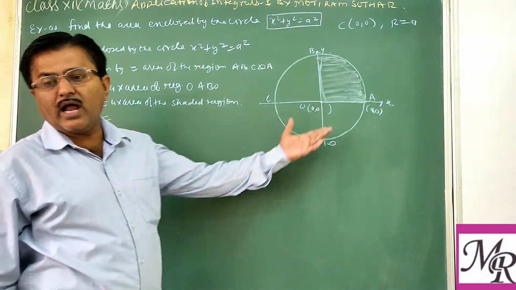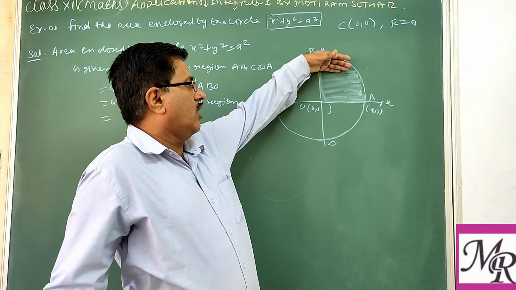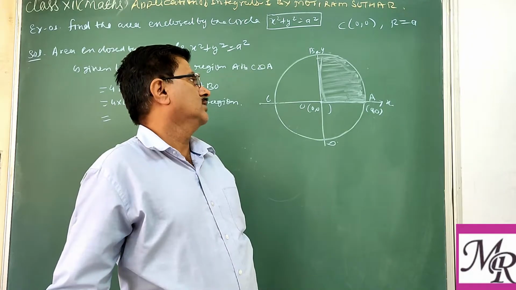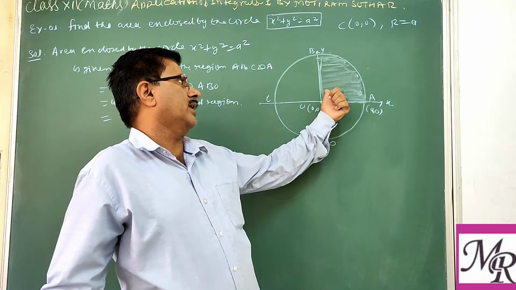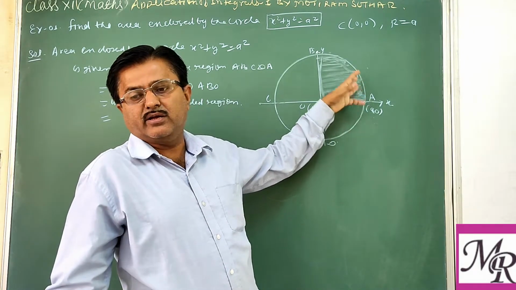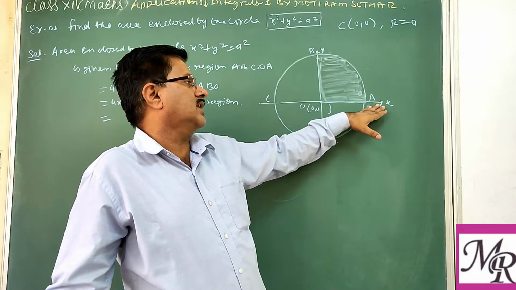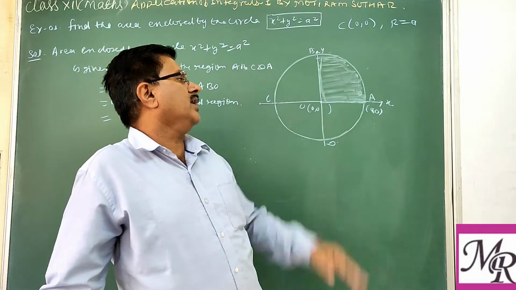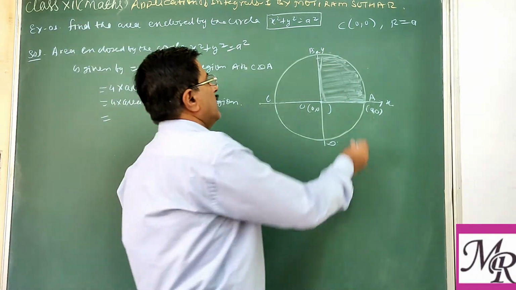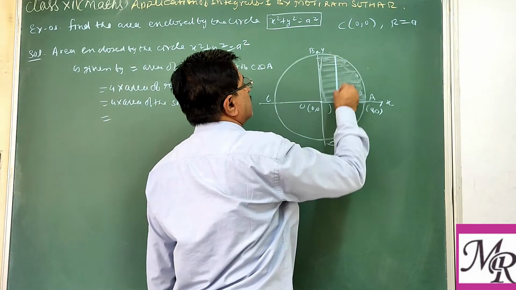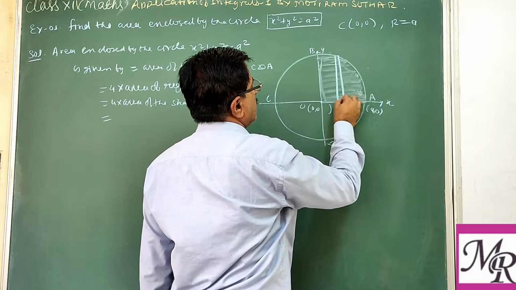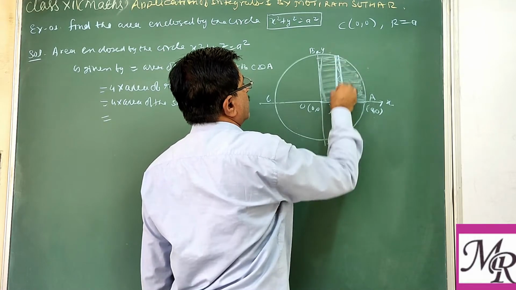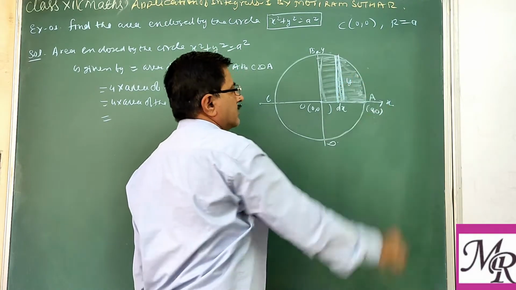Now you may write the area along the x-axis or along the y-axis. You can solve both, and both answers will be correct because of the symmetry. Suppose we take it along the x-axis, then we take the elementary area of this region. Suppose its width is dx and the total height is y.